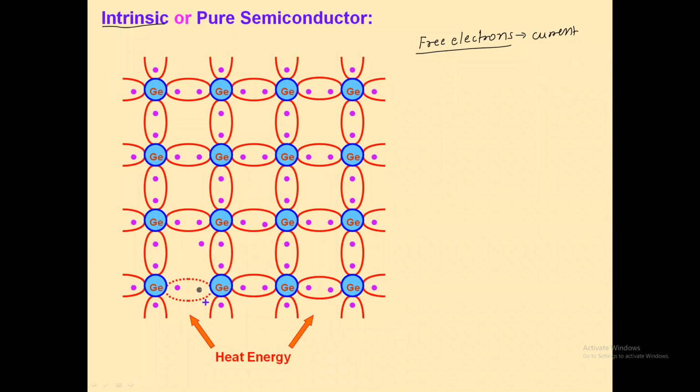When the electrons jump from the valence band to the conduction band, a hole is produced in the valence band, and that electron in the conduction band acts as a free electron. So very few free electrons are generated at room temperature, so the semiconductor material shows little current conduction capacity. The current conduction capacity of a pure semiconductor material is very low.